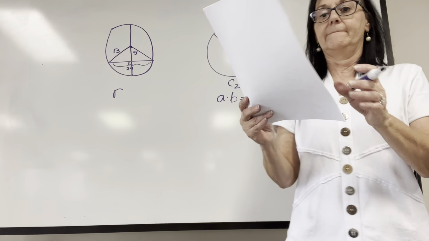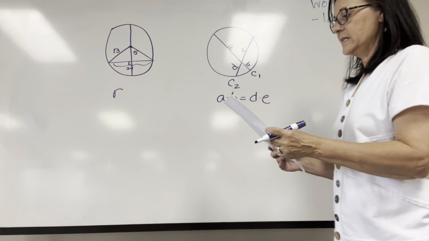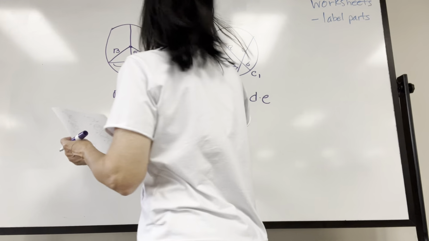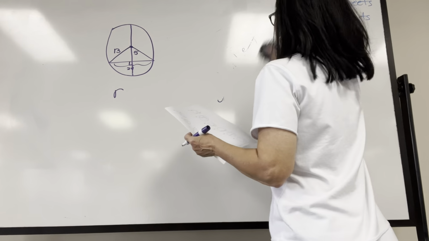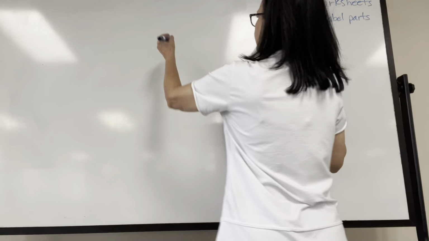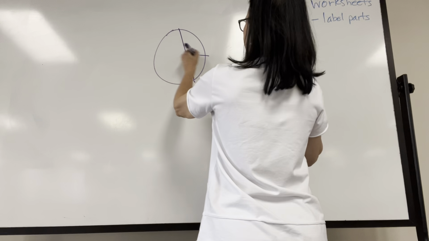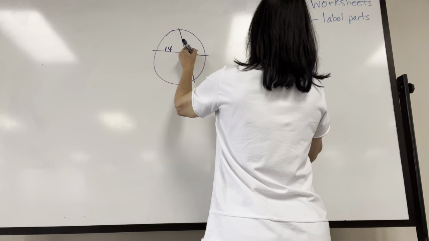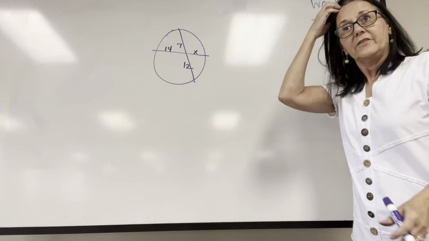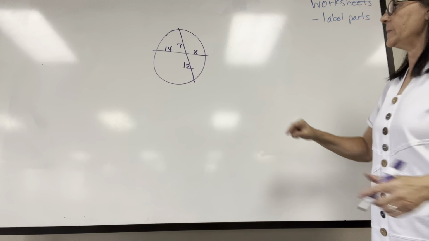All right, look at your handout. Look at number 16. I'm gonna draw it on the board. We have 14, we have X, we have 7, we have 12. We're gonna need your calculators. The products of these chord segments must be equal.